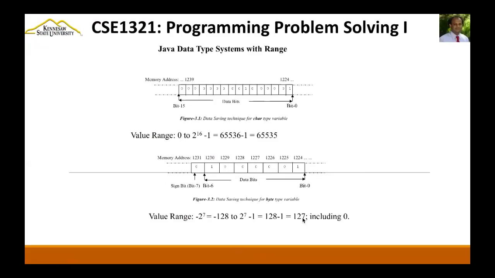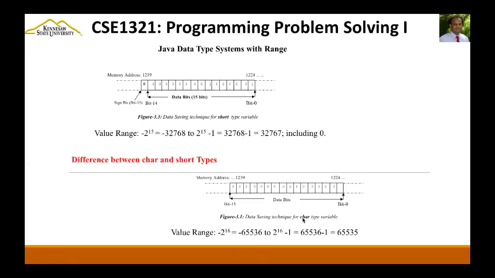I want to give you an overview of how our data are set in computer memory. It's variable. For instance, the short type has 2 bytes, and there is a difference between short and character type. Character type is always positive, there is no sign bit for character type, but there is a sign bit for short type.